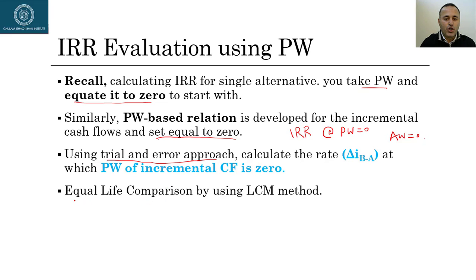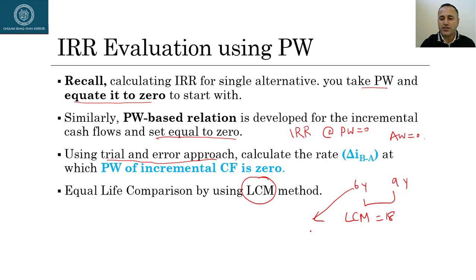If the alternatives have different lives, what we do is use the LCM method. So if one project has 6 years of life and the other project has 9 years of life, then of course the LCM is 18.